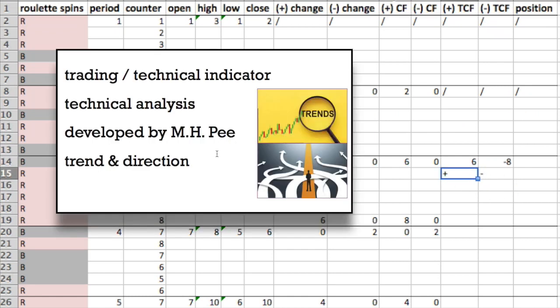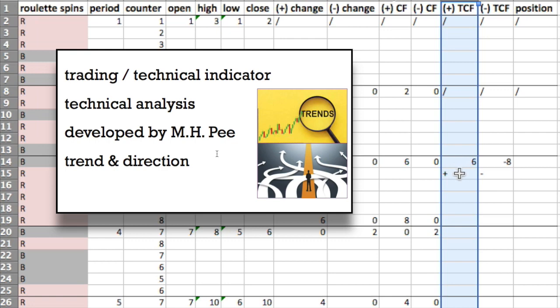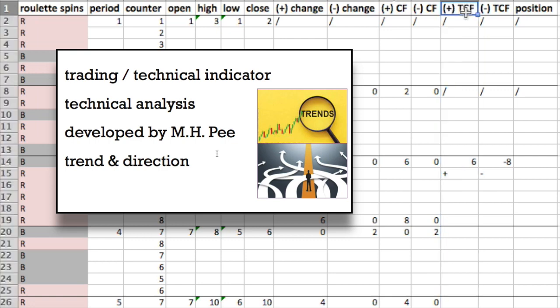Positive means that the system or this indicator detected a trend. But remember, it's also directional. Where is the trend going? Well, it's in this column. So the positive number is in this column, so the plus side has been trending.